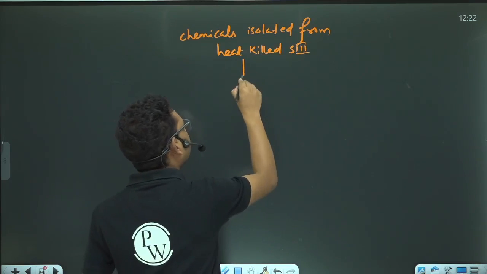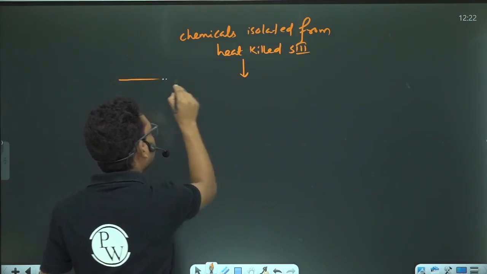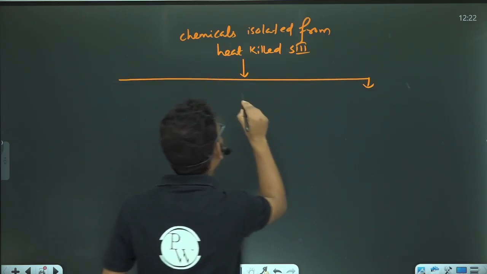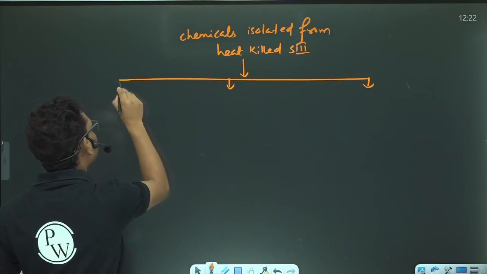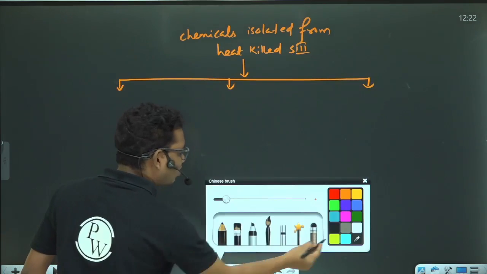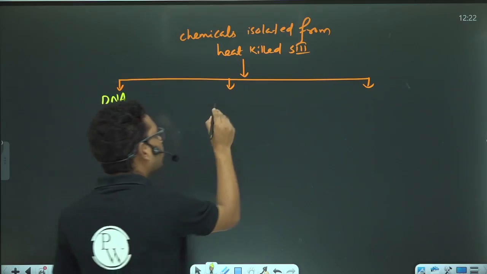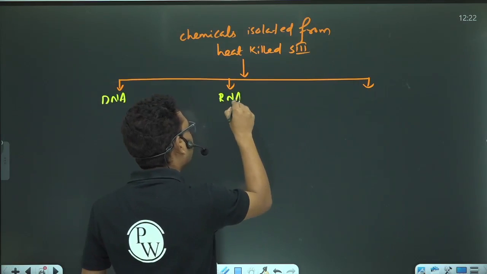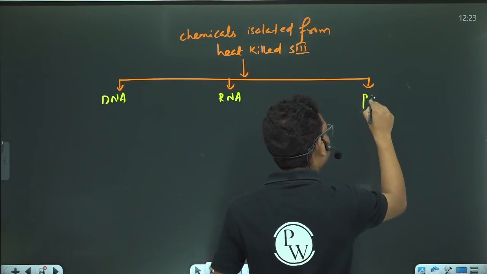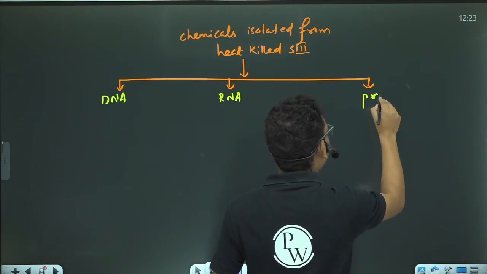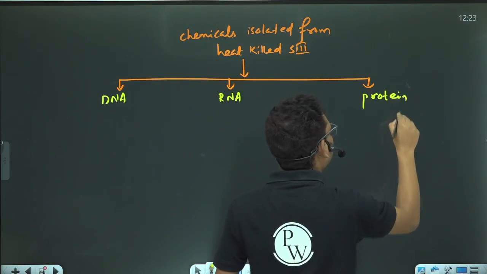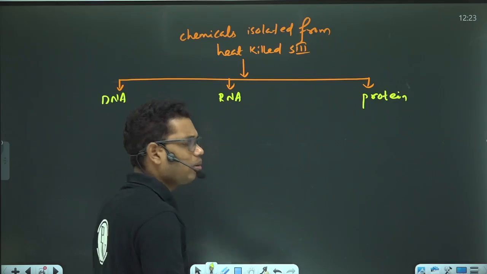After purification, they distributed them into three groups. What were those? One was DNA. They purified DNA, then they purified RNA, and they purified protein. They also purified lipid, but we will not consider lipid here.